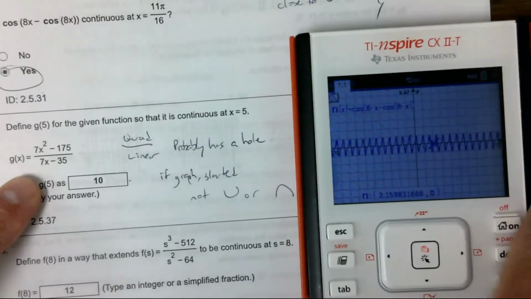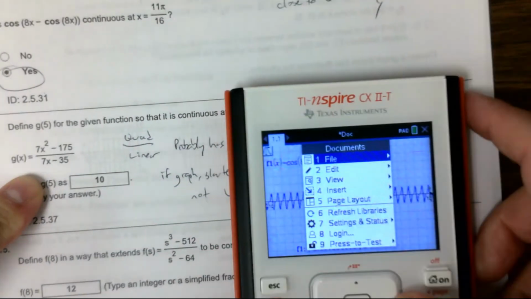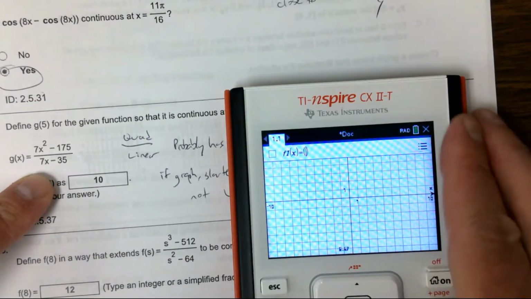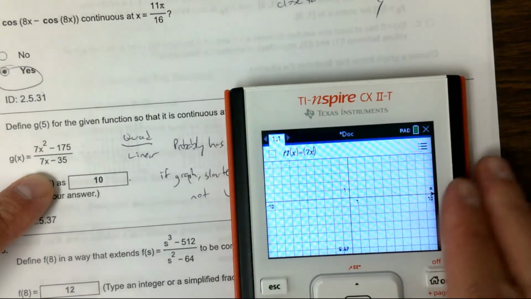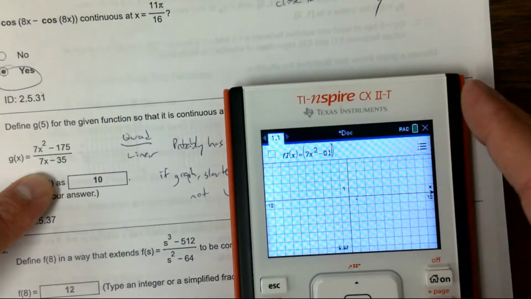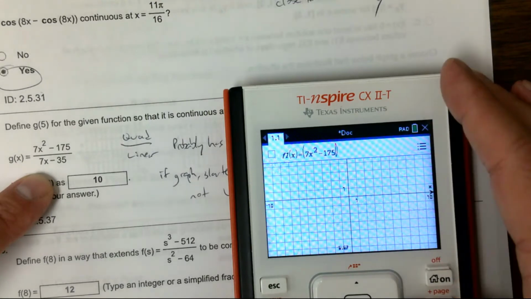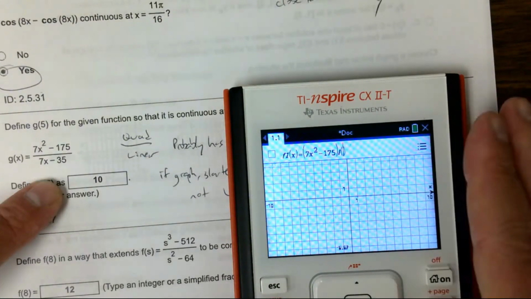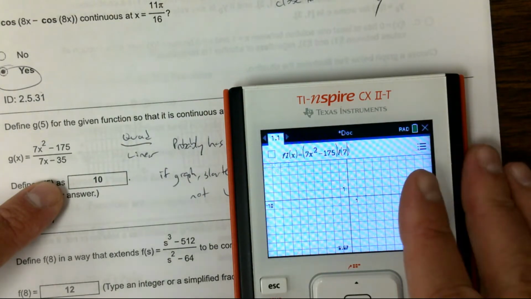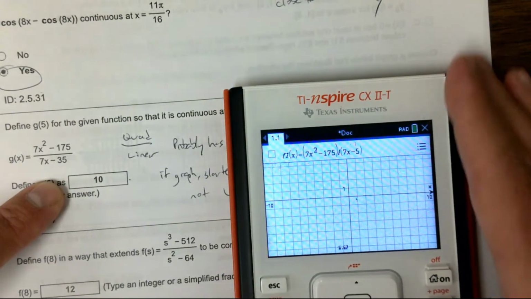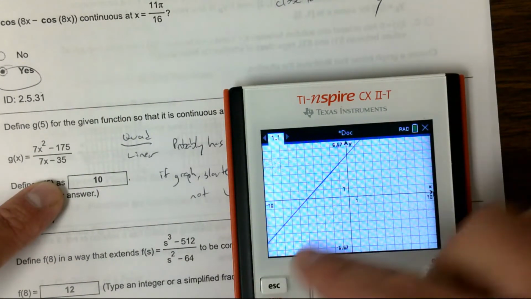So let's do that. 7x squared minus 175 divided by 7x minus 35. Okay, see, it is slanted.